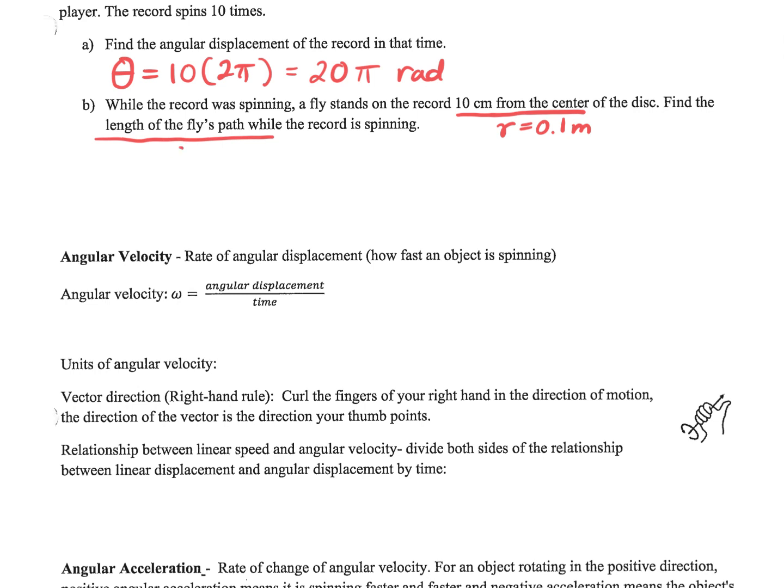That's S. So now we're looking for S equals R theta. R is 0.1, and we found theta, 20 pi. Now this is in meters, so we can go ahead and multiply it out. It would be 2 pi, which would be what? About 6.28, 6.3 meters, wouldn't it? Okay.